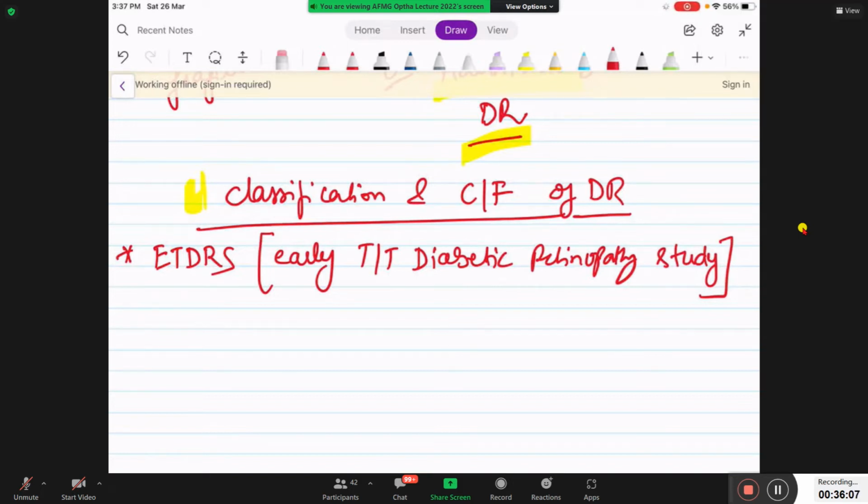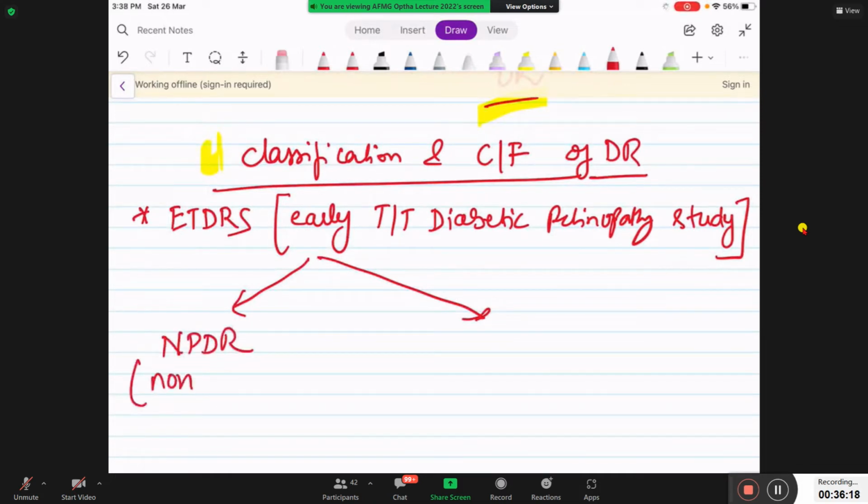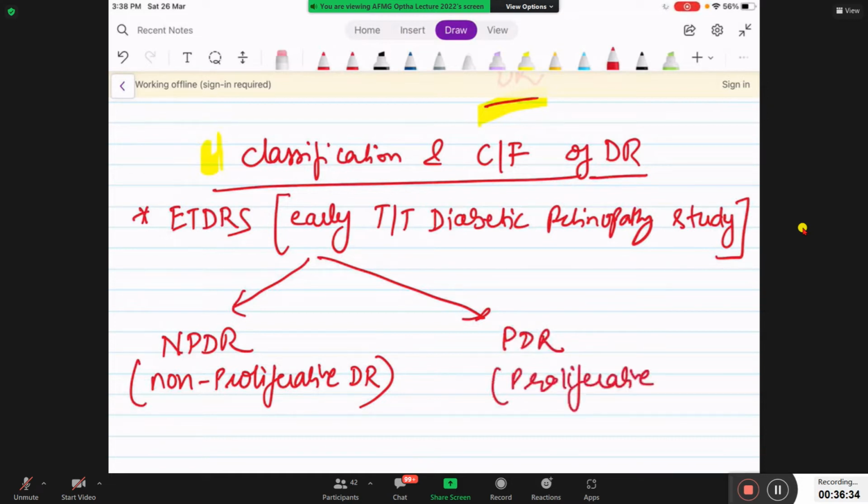According to this classification, it is broadly divided into two types: NPDR, which is non-proliferative diabetic retinopathy, and the other one is PDR, which is proliferative diabetic retinopathy.